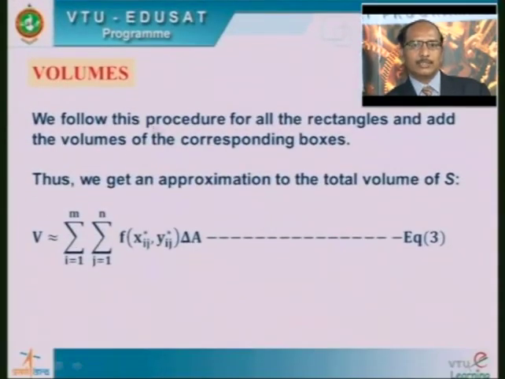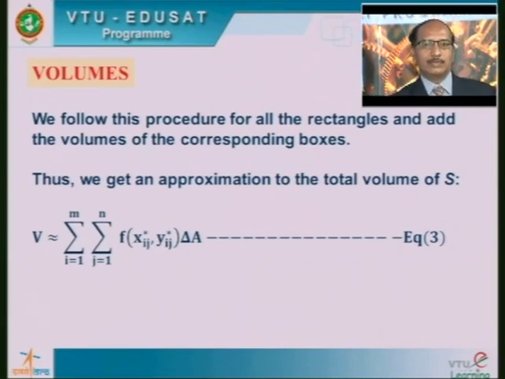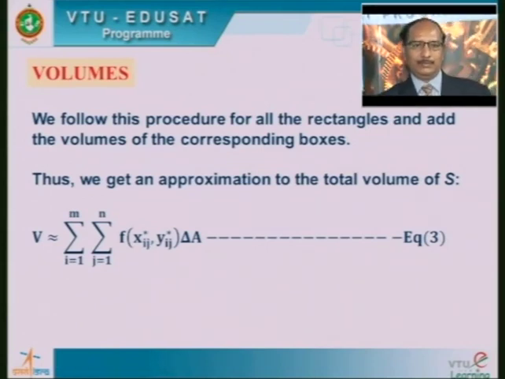Following this procedure, we go over all the rectangles and add the volumes of the corresponding boxes. So like that, we go on finding the other box volumes. Thus, we get an approximation to the total volume. The total volume of S is obtained by adding all the rectangular boxes. That is why the double summation is taken, because it is in two directions.